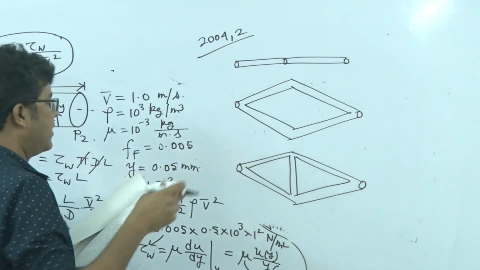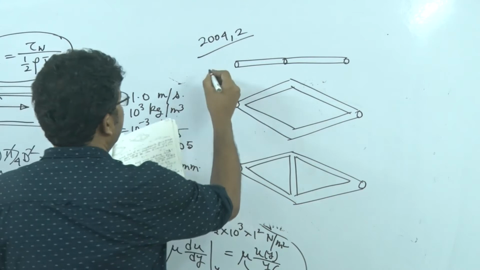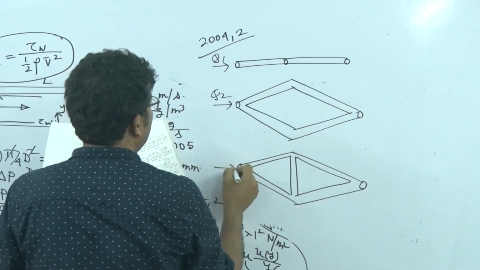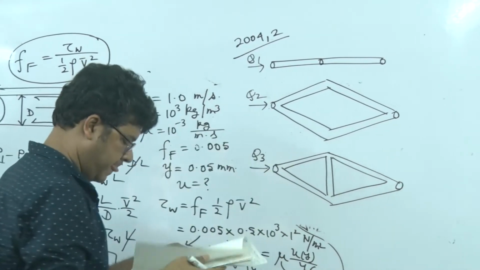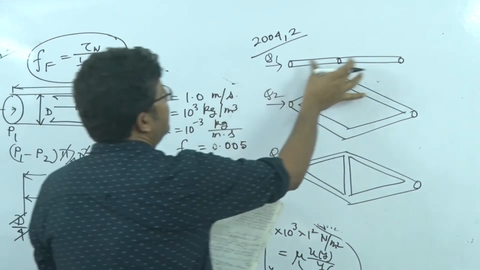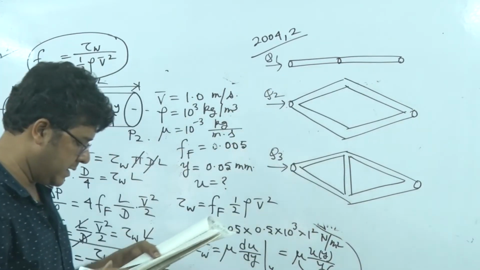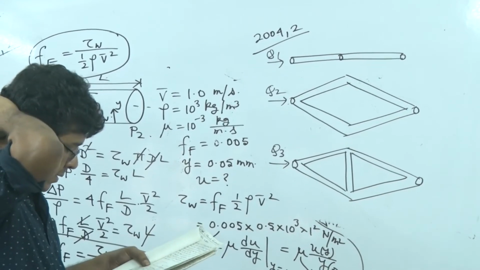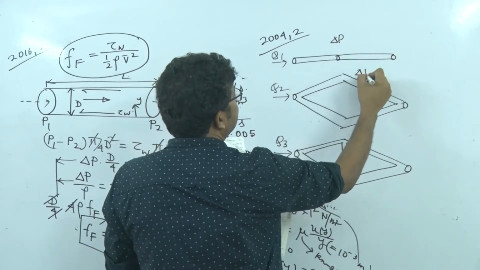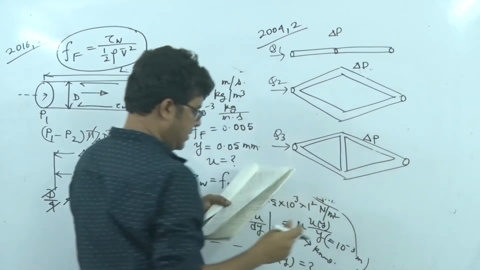So these are the pipe segments, and the volume flow rates here are Q1, Q2 and Q3. Again I am reading the statement: they are made of identical pipe segments, means these individual pipe segments are the same or identical, and subjected to the same pressure drop. So here delta P, this is delta P, this is also delta P.